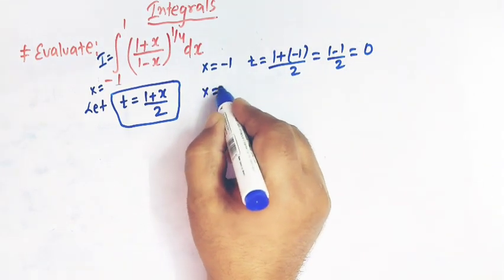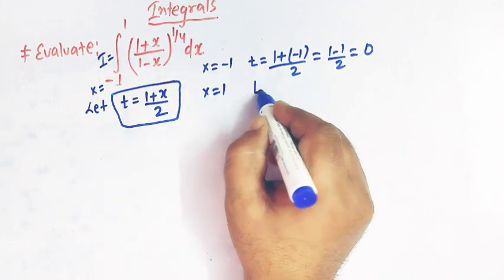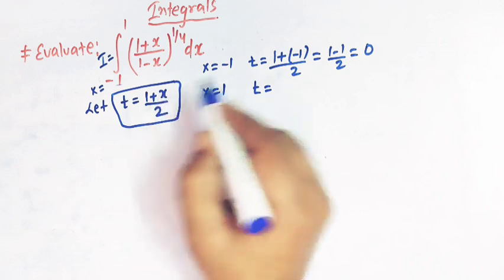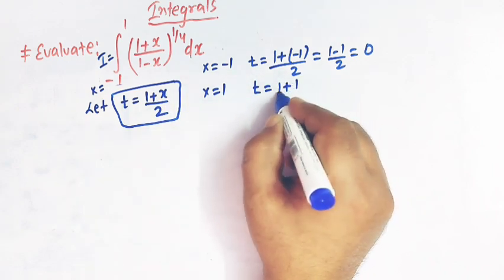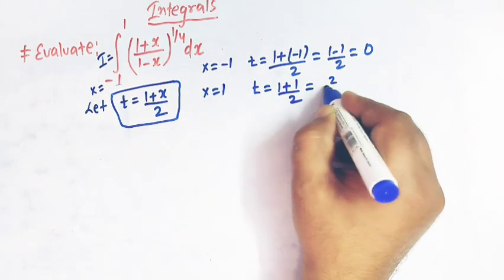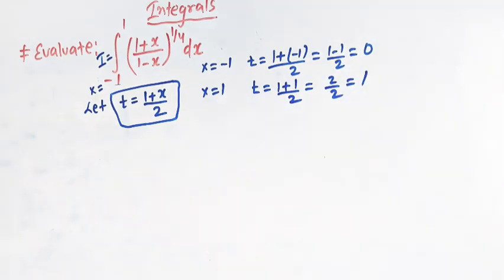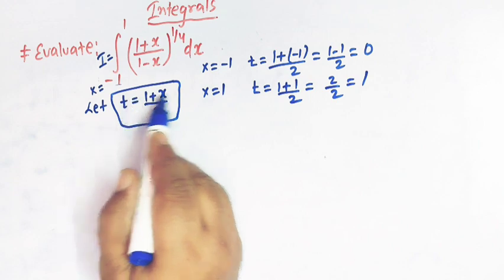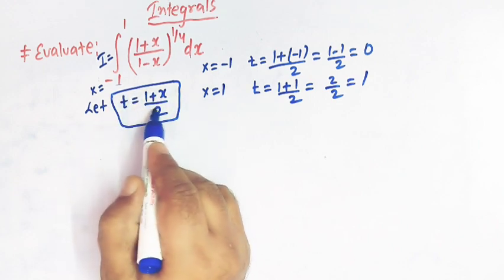And similarly when x is 1, then the value of t is obtained by taking x is equal to 1 in this expression. So we have (1 plus 1) over 2, that is 2 over 2, that is equal to 1, right?